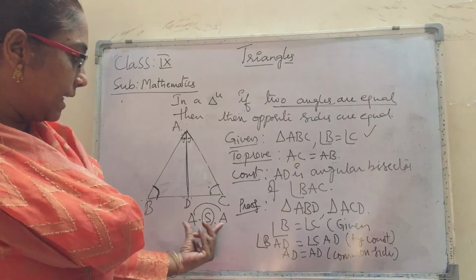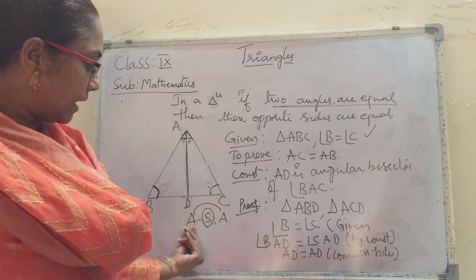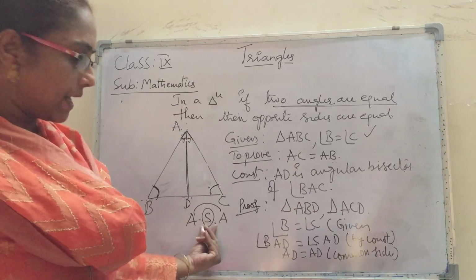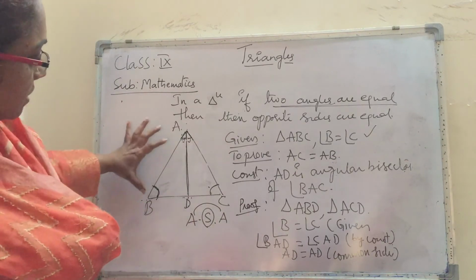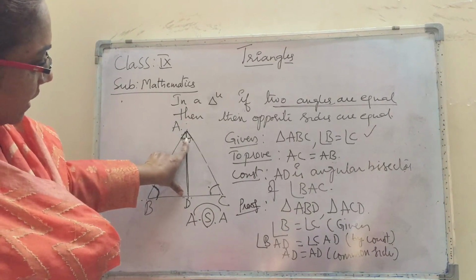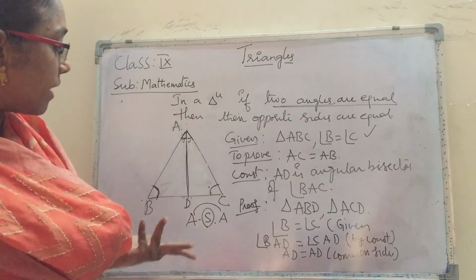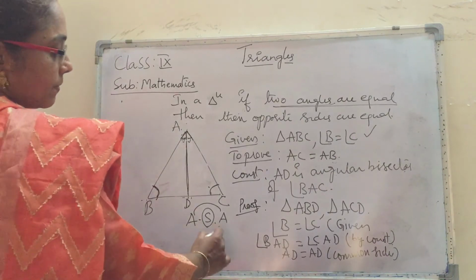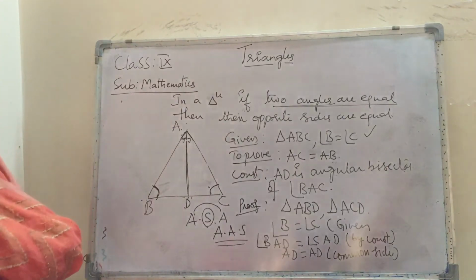This side is included between these two angles, then we can say ASA. Now observe this. Can we say this AD is included between these two angles? No. Then how can we apply AAS? Can we use this one?